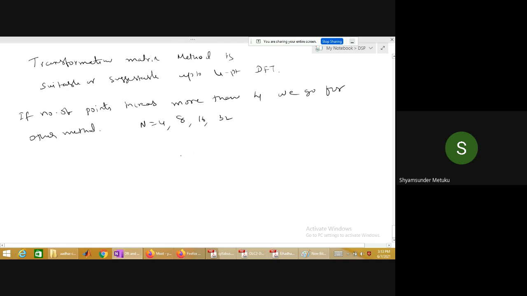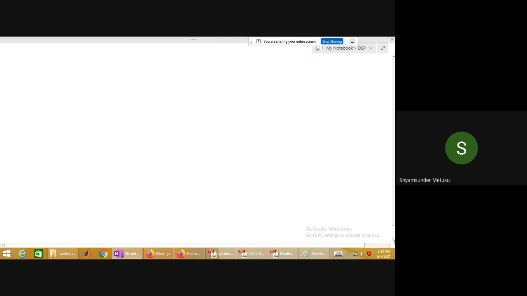So before I discuss other methods, I just wanted to discuss one operation on the time sequence, which I did not discuss in the beginning classes. Now it is needed actually. There are different operations on signals. Already I gave time shifting and time scaling.